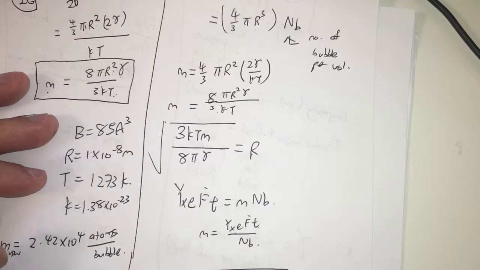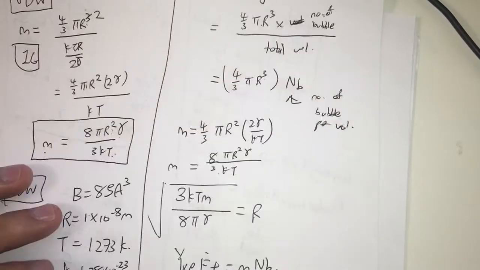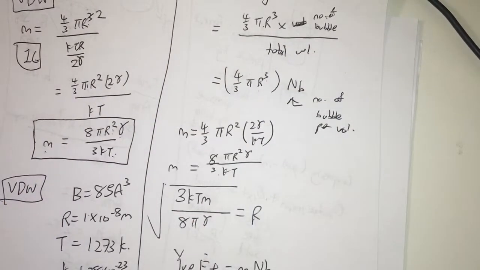So now that enables us to find the radius. If we were to substitute all this in, we can find the swelling fraction as a function of whatever we have here. Okay, so that is our next step.